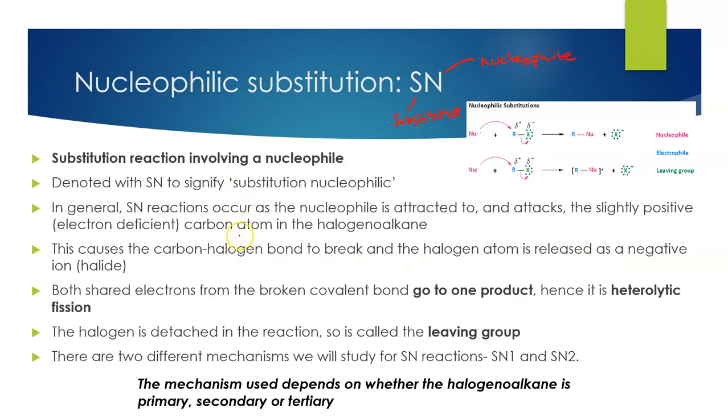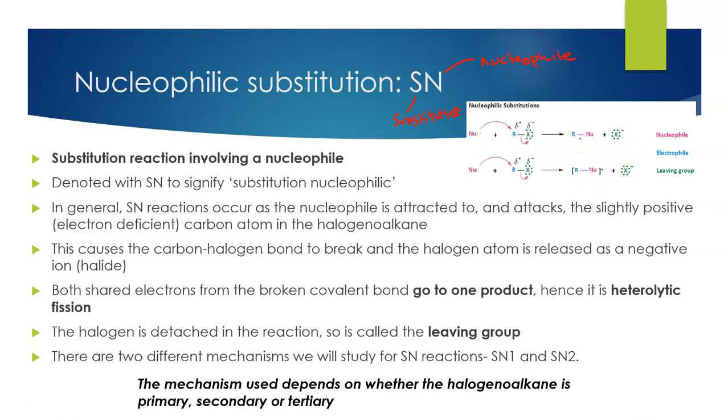We can show all this simply by using a double-headed arrow, making sure it starts at the negative charge or the lone pair of the nucleophile and goes to the electron deficient center. This pushes out the electrons of the bond between the carbon and the halogen, so they go up onto the halogen, producing the new bond between the R group and the nucleophile and pushing out the halide anion.